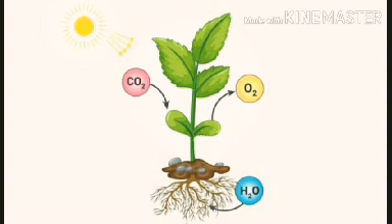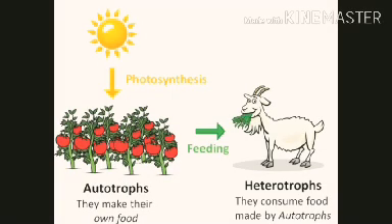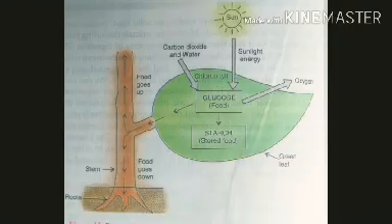All right. So in this process, autotrophs take in substances from outside and convert them into a stored form of energy. Means they gather the raw materials from the environment and then convert them to energy. Here the outside substances, or the raw materials, are carbon dioxide and water, which are converted into carbohydrates in the presence of sunlight and chlorophyll.